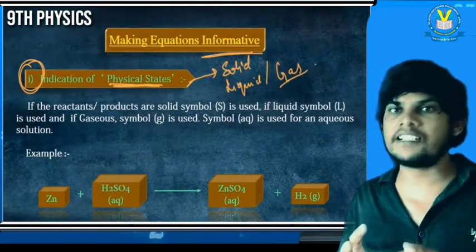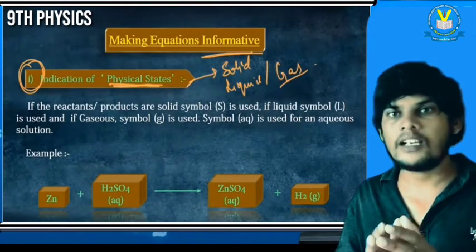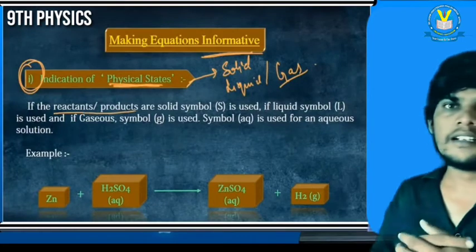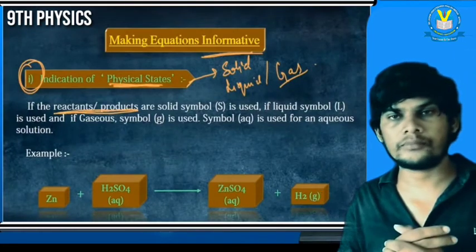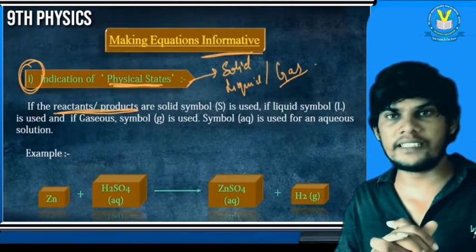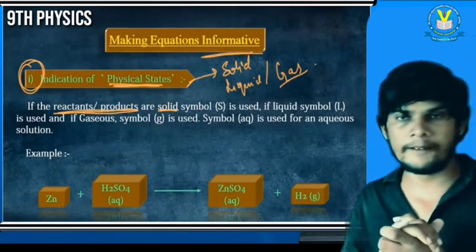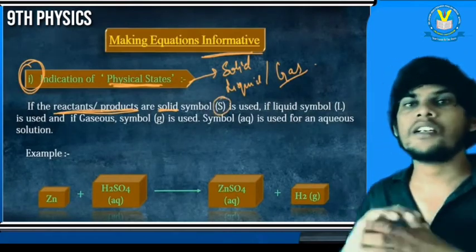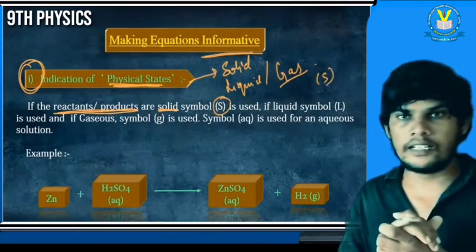If a reactant or product is solid, we represent it with a small letter s. If it is liquid, we represent it with a small l. If it is gas, we represent it with the letter g.